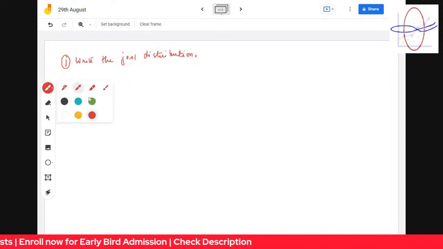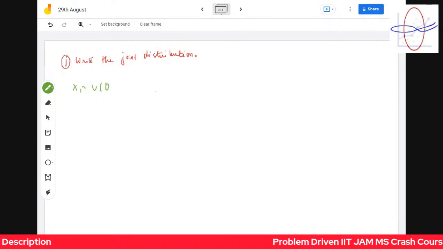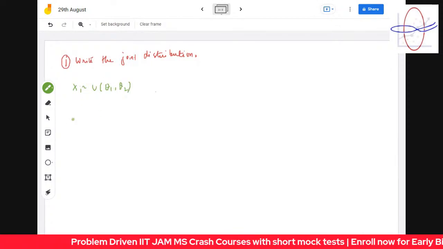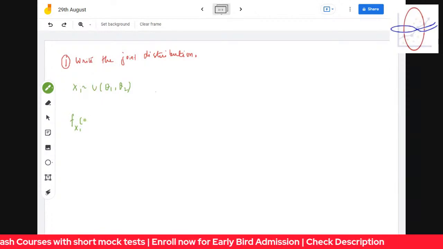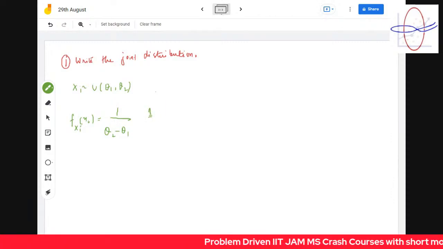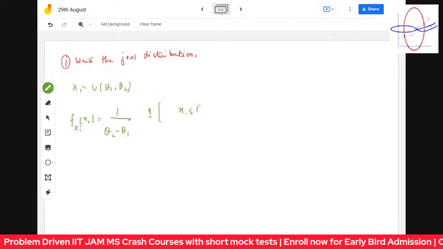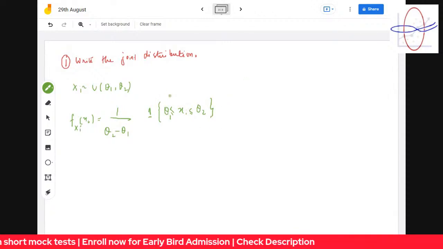If you write the joint distribution, you will see that the Xi are IID, Xi follows Uniform(theta1, theta2). So the PDF of Xi at small xi is 1 by (theta2 minus theta1), given the condition that xi is less than or equal to theta2 and greater than or equal to theta1.